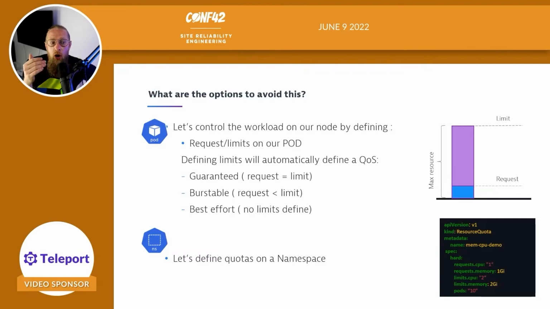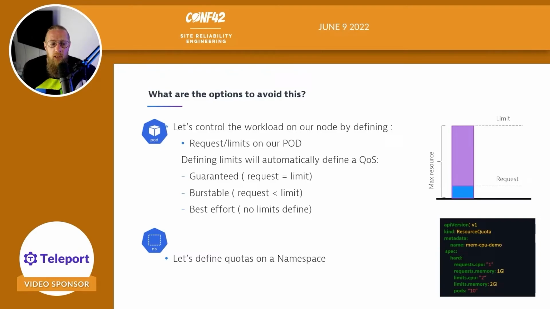So if our requests equal our limits, then our workload will be considered to be guaranteed. If the request is under limits, then we are burstable, and if there's nothing defined, it's best effort. When the eviction happens, it will happen in that order. So first, it will try to delete the best effort, then burstable, and then guaranteed.